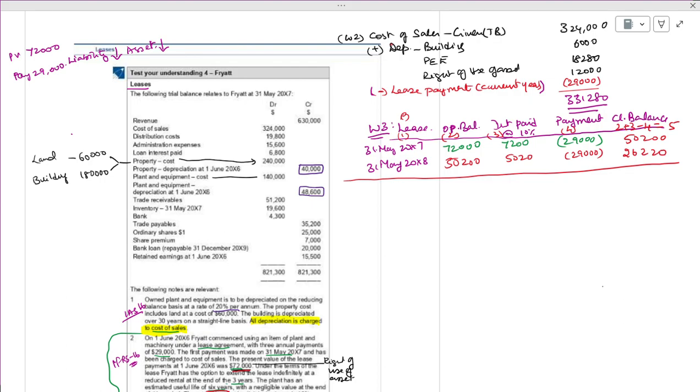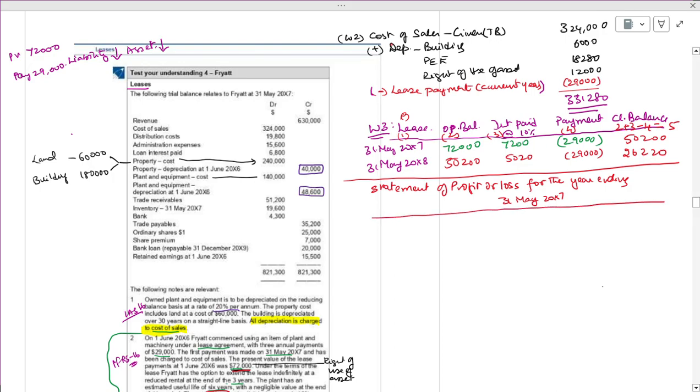Now we have to work out the statement of profit or loss for the year ending 31st May 2007.